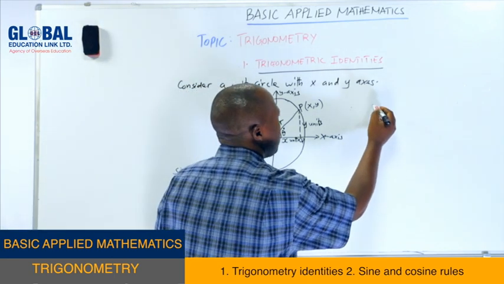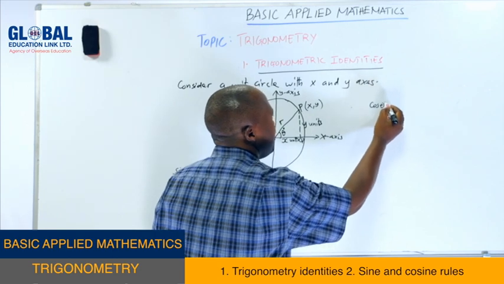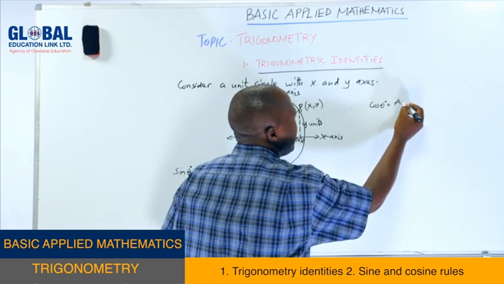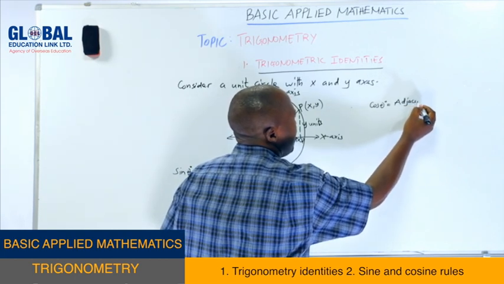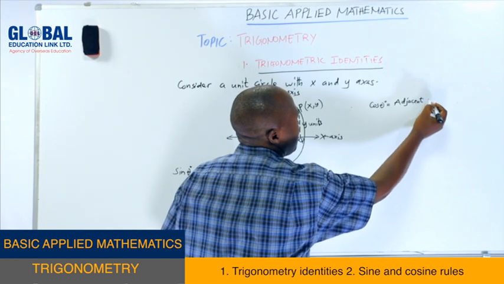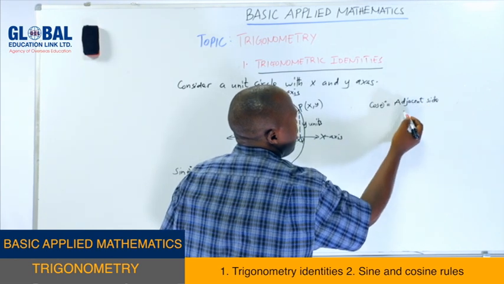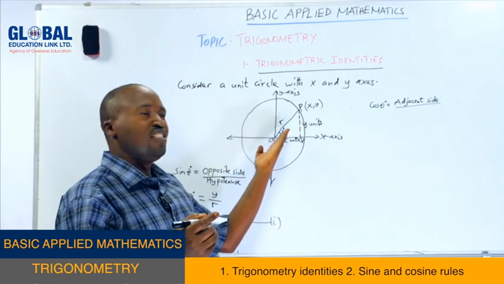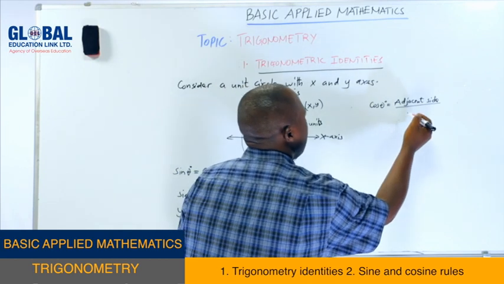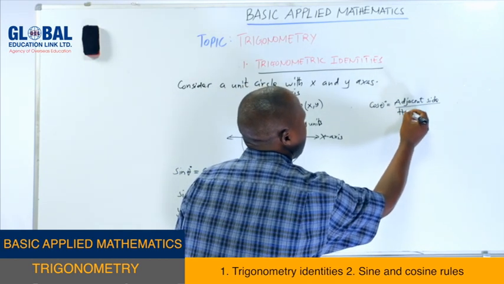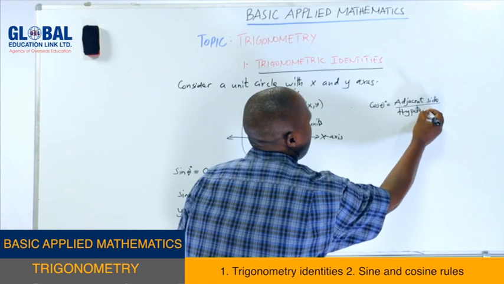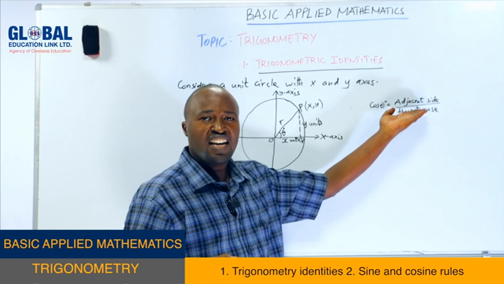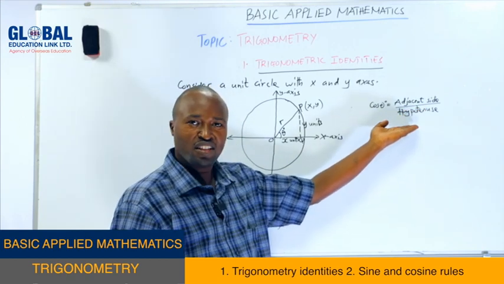Again, let us proceed to cosine. Remember, cosine of an angle, cos theta, is equal to the adjacent side over the hypotenuse. Remember, our hypotenuse is the radius. Therefore, we substitute values for the adjacent side and the hypotenuse.